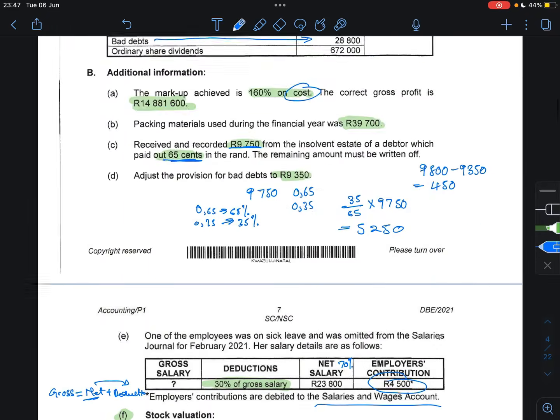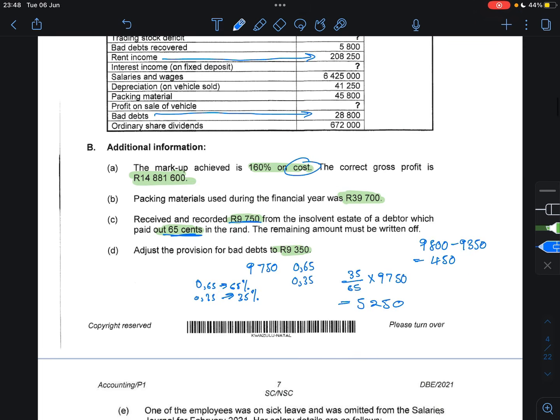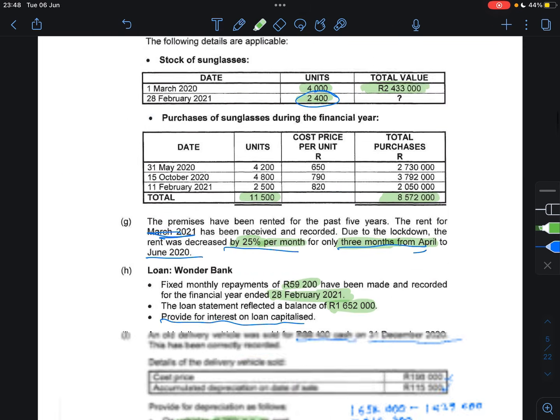This is equal to 1,348,123, and then I multiplied by 25% to get what we got there, which is 337,123. Okay, so we are done with depreciation.